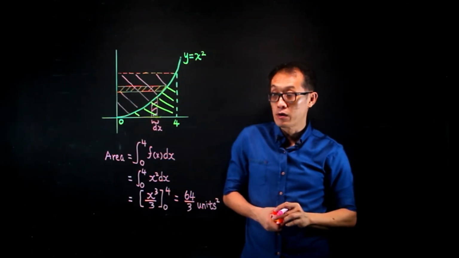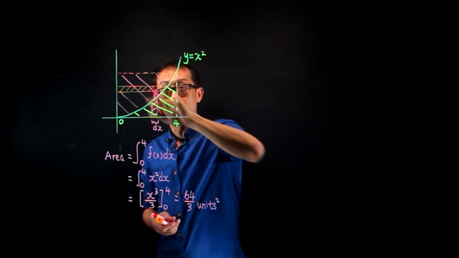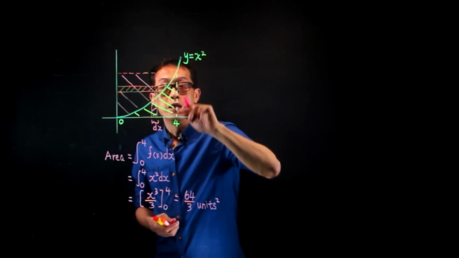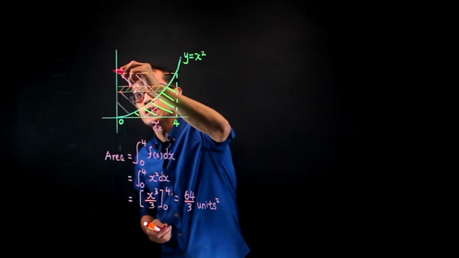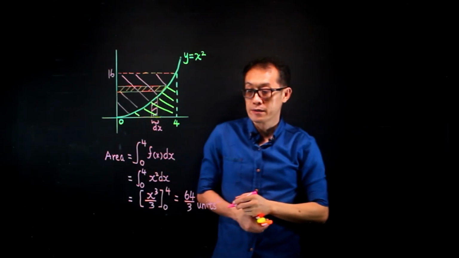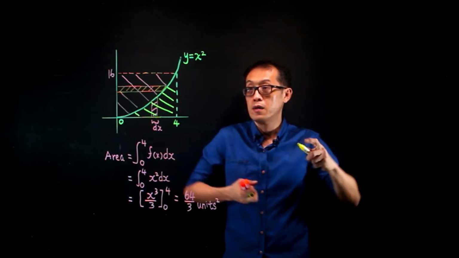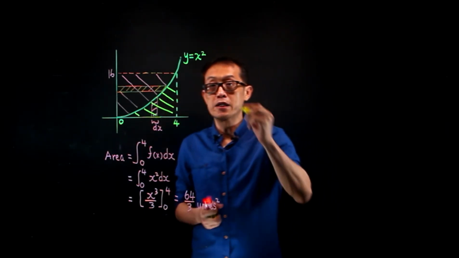What is the area of the rectangle? Now x is 4. What is the value of y? When x is 4, this will be 16. I call it the pink shaded area.